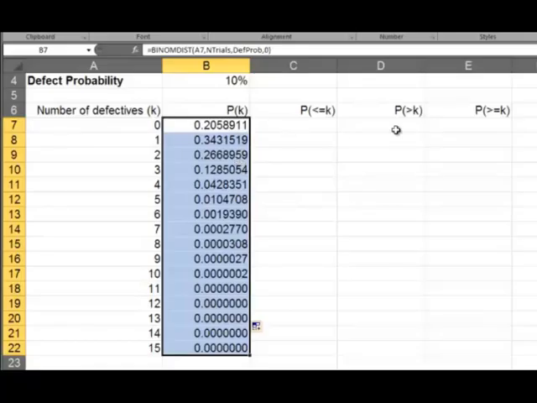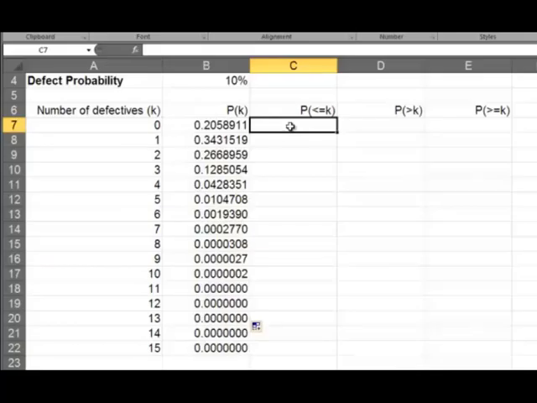Okay? But now, supposing instead of being asked what's the probability of getting k defects, I want to know the cumulative probability. I want to know the probability of getting k or fewer defects. And here I'm going to only modify the formula by turning that cumulative flag on.